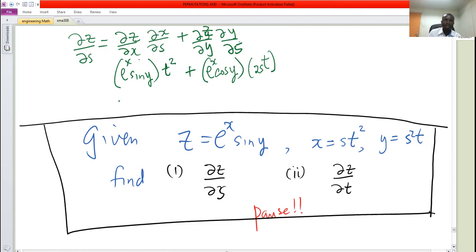So this will be the same as e^(st²) sin(s²t), and then you multiply by t², plus 2st e^x, where there's x we put st², and then cosine of, where there's y, you put s²t. So that will be the value for the given ∂z/∂s.